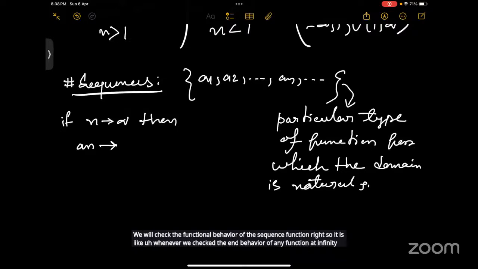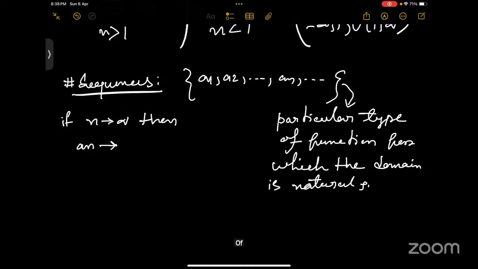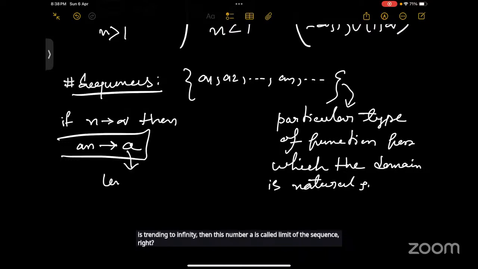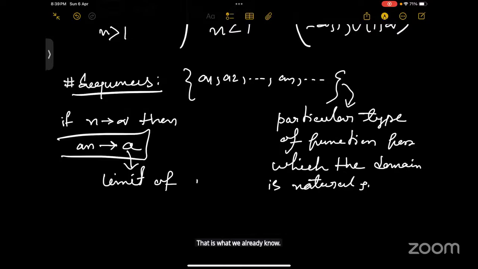So if this an is tending to some number a, when n is tending to infinity, then this number a is called the limit of the sequence an, right? That is what we already know.